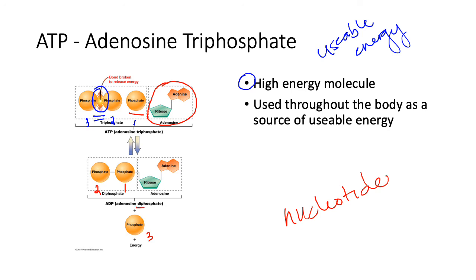It's now called adenosine diphosphate for the fact that there's only 2 phosphates attached to this molecule. ADP can be recycled back into ATP, so we can perform a chemical reaction that reattaches that third phosphate. And so really we can see in the cell that we have this cycling between ATP and ADP whenever we are using energy.